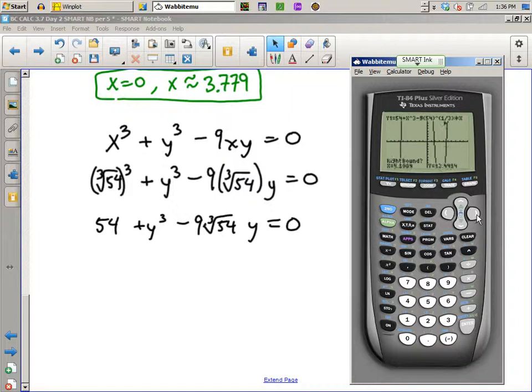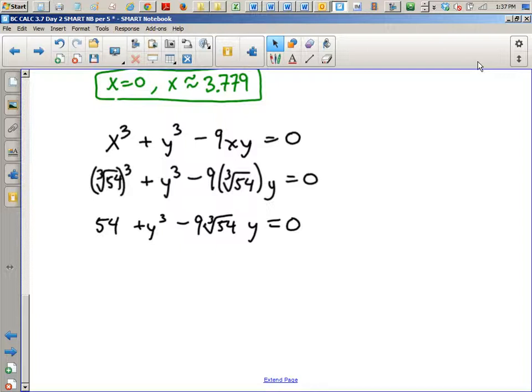So we'll make the calculator find it. 4.762. Okay, so the root I'm interested in is y is approximately 4.762. And now we can go ahead and answer the question.